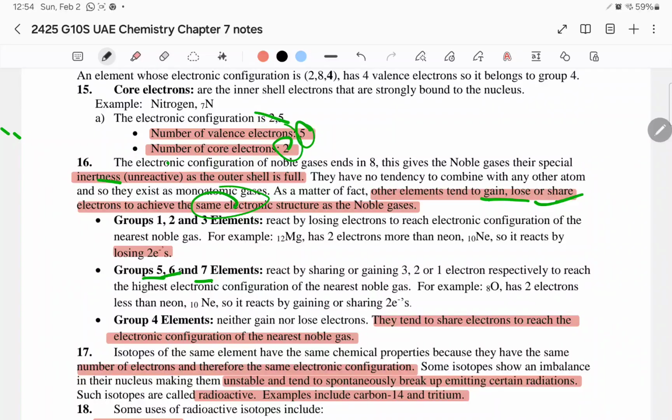When they lose electrons, they become positive, because you have more protons than electrons. They want to reach the electronic configuration of the nearest noble gas. So O, which has 2 electrons less than neon, will share 2 to get the configuration like neon.